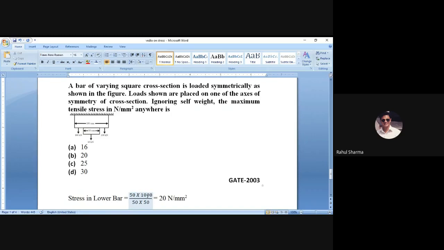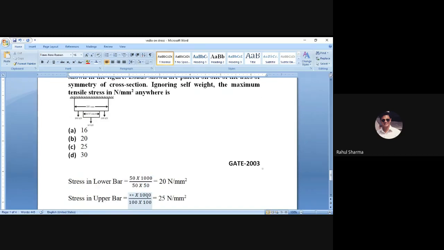This is your load divided by the cross sectional area, that is 50 into 50. This is a square cross section, 50 and 50. So the cross sectional area is 50 into 50, and when you solve it out, you will get 20 Newton per square millimeter. So you have calculated the value of stress in the lower bar.